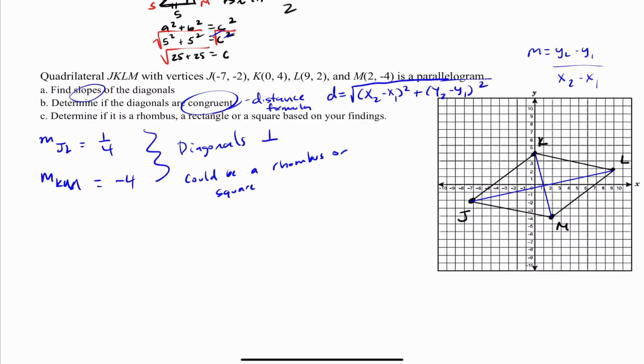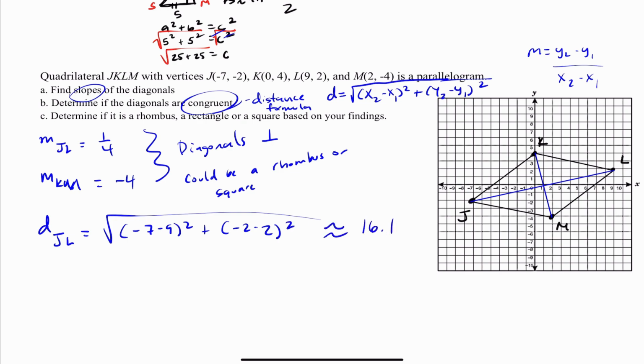So I've got to find the distance between J and L and the distance between K and M. If I were to find the distance of JL, then I take the square root of (-7 minus 9) squared plus (-2 minus 2) squared, and that's approximately 16.1. That's the distance of JL.